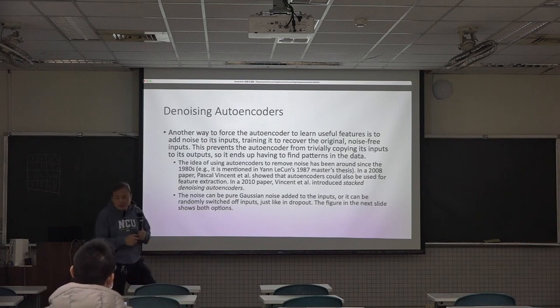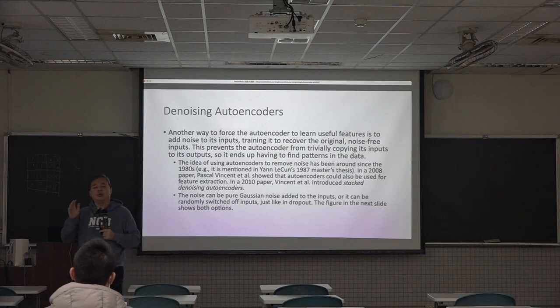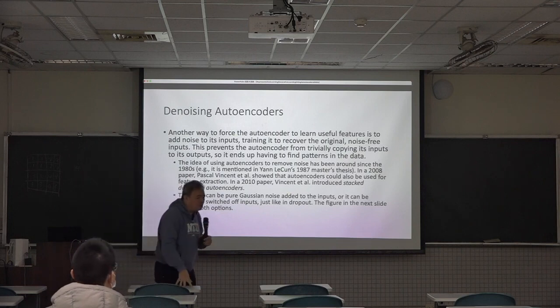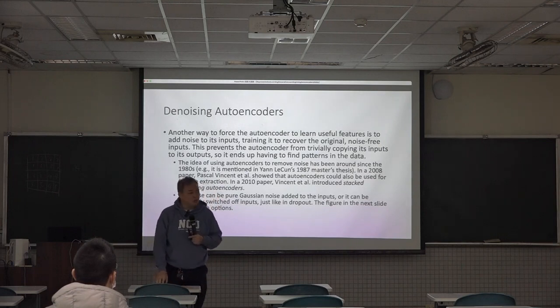So in the training, we add the noise by ourselves, so we still know what the original input is, but we intentionally add the noise. There are two types of noise we normally add. The first one is Gaussian noise, or what you can call white noise, which you can inject into the input.